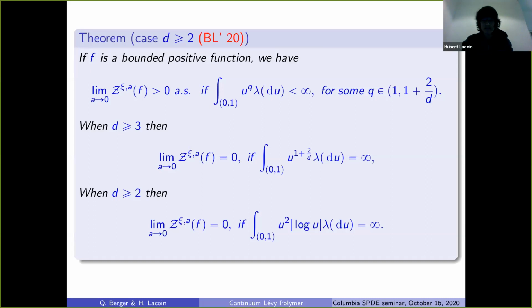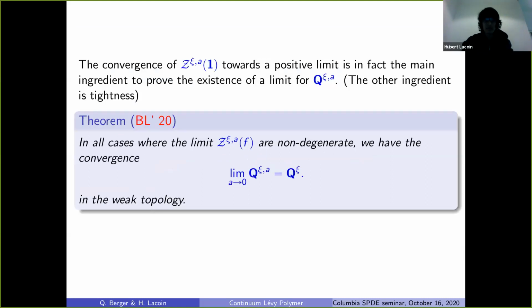And finally, I think this is the important point: in all cases where we have proved that the limit is non-degenerate, our truncated continuum polymer measure converges to a limit in the weak topology.